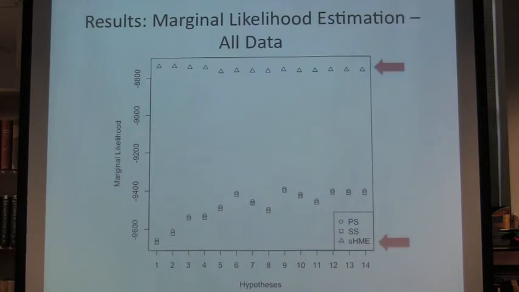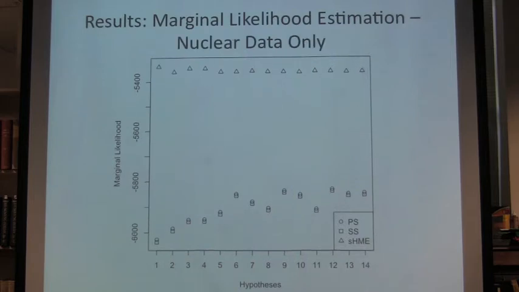So this is exactly along with expectations based on previous studies. We find that path sampling and stepping stone have found very similar results to one another and support hypothesis 9, which we'll talk about in more detail in a minute, and that the smooth harmonic mean estimator, our inaccurate estimator, is favoring hypothesis 1, treating the whole complex as one widespread species.